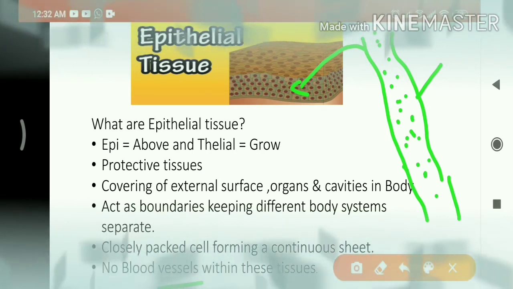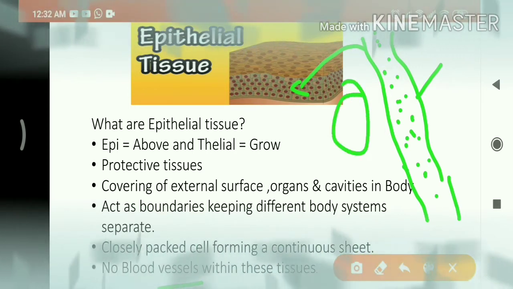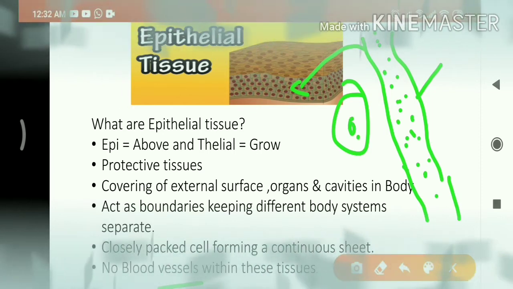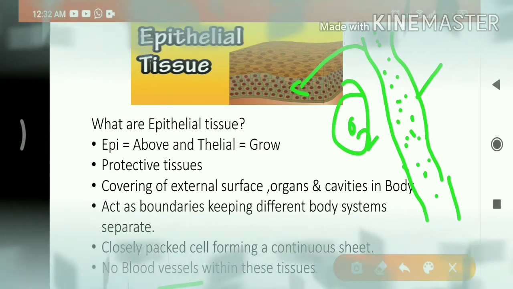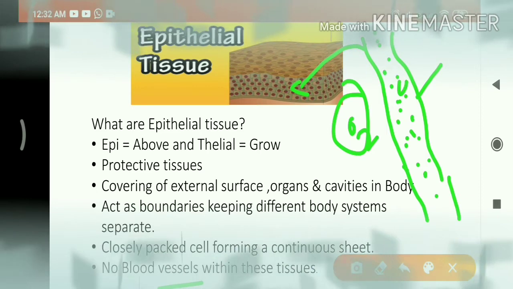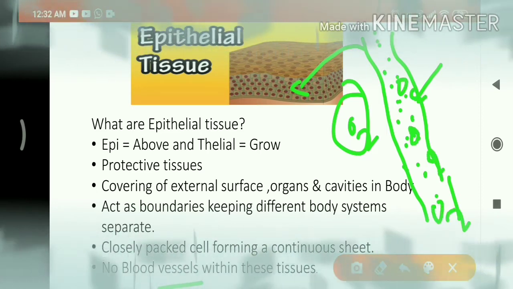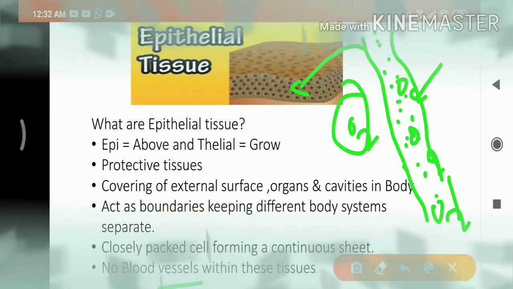Here I am drawing the vessel. This green colour structure is actually made up of cells. Which cell? This is also nothing but epithelial cell, right? So the blood inside comes out.